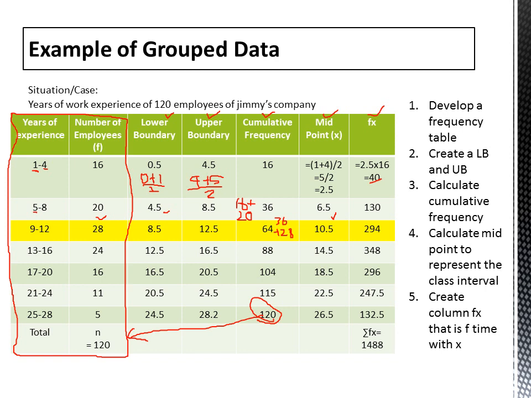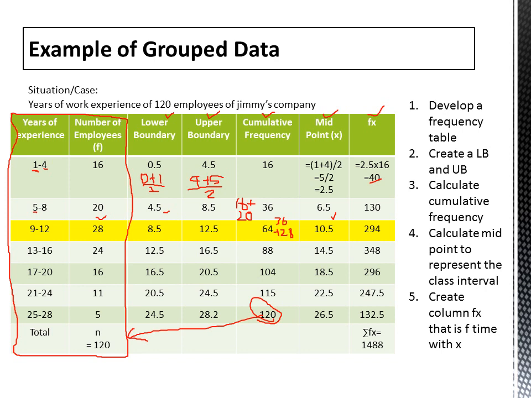The number of employees, we know it as frequency. Then the first thing you need to do is total up the frequency. So it represents n equal to 120, the total of all the frequencies.